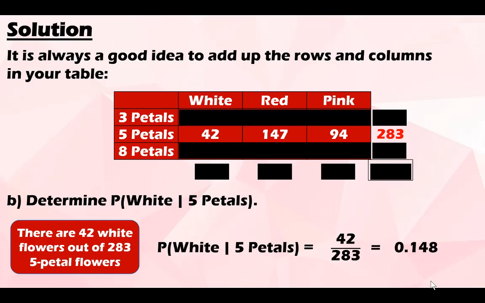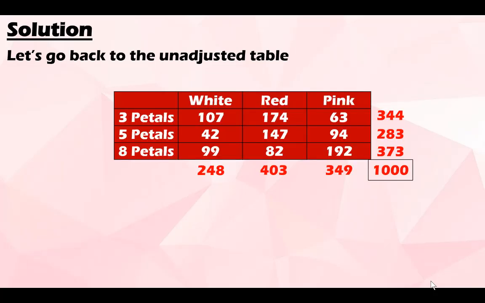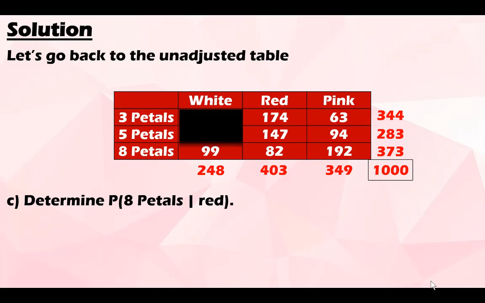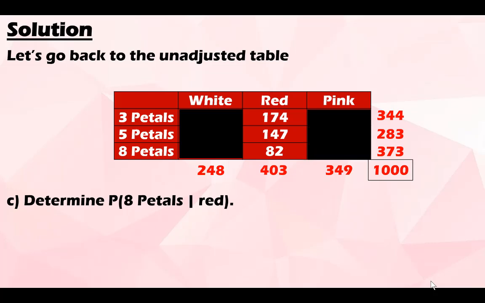For part C, we'll go back to the unadjusted table without any rows or columns eliminated. And in part C, we want to know the probability of choosing an 8-petal flower if we know the flower that was chosen was red. Once we know the flower chosen was red, we know that it wasn't white and that it wasn't pink. So we can eliminate the columns that came from white and pink.